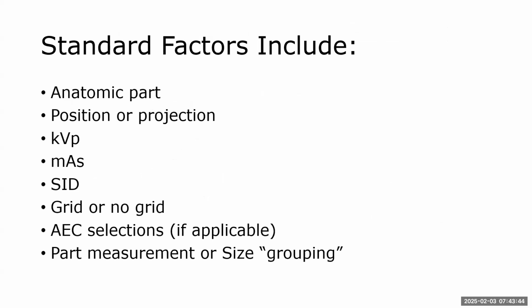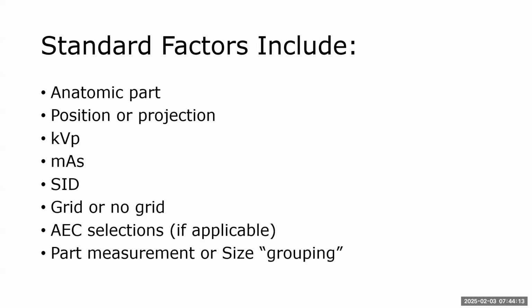Standard factors that are generally included in a technique chart are the anatomic part, the position or projection, kVp, mAs, SID, whether it's grid or no grid. AEC can be a part of a technique chart. So, for example, maybe pelvis has 75 to 80 kVp, outer photocells, normal density.